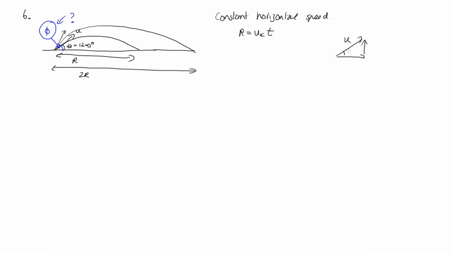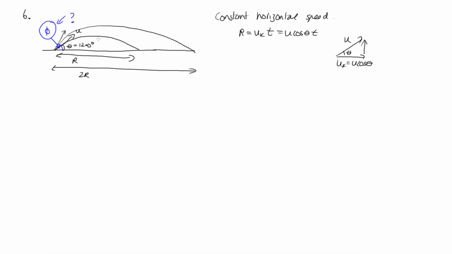Here's u, this is theta, and ux here is equal to u cos theta. So r is equal to u cos theta times t, where t is the total time of flight. So if we could work out the total time of flight, then we'd know the range.